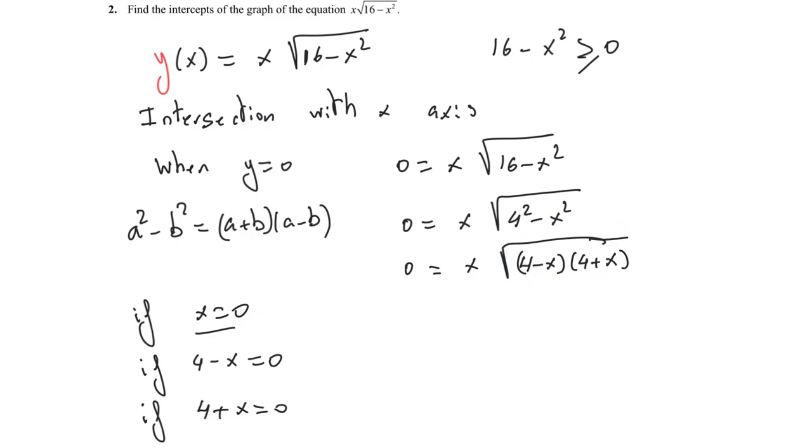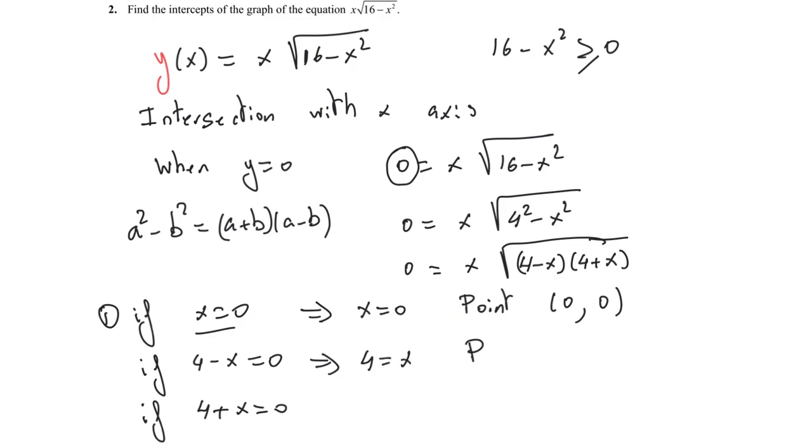So the first option is that x equals 0, so the point P will be the point 0, 0, because y is 0, you see the y is 0 here. The second option is 4 equal x, so x equals 4.